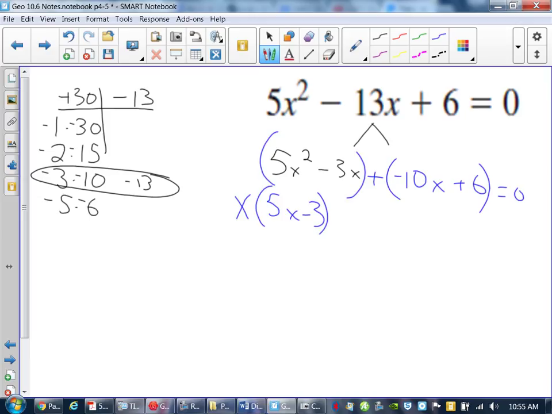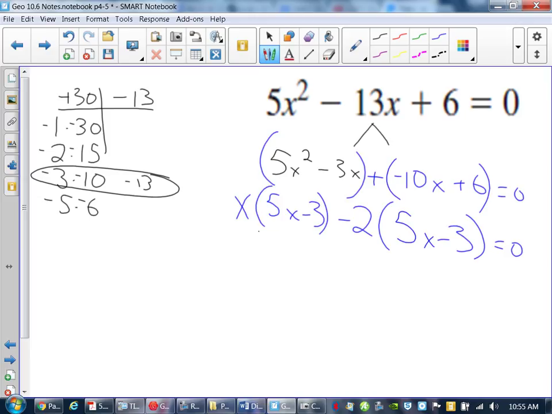So now, if you're looking at that, think of it in terms of 10 and 6. What does a 10 and 6 have in common? A 2. But I need to take out a negative 2. If I take out a negative 2, what's negative 10 divided by negative 2? 5. What's 6 divided by negative 2? Negative 3.